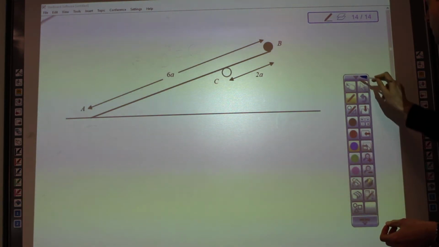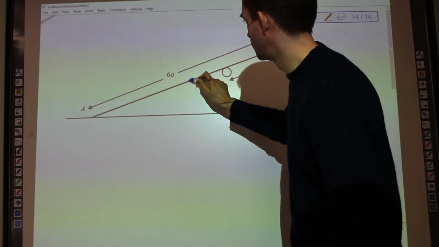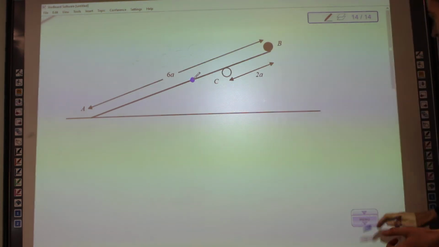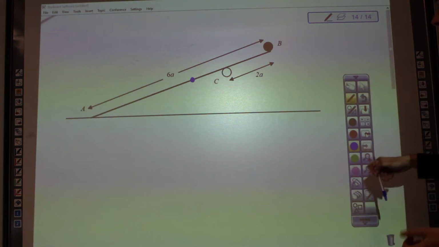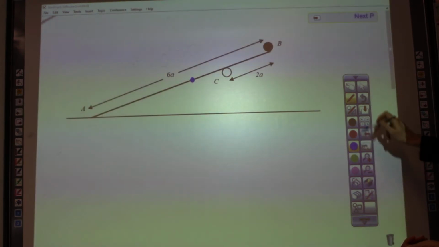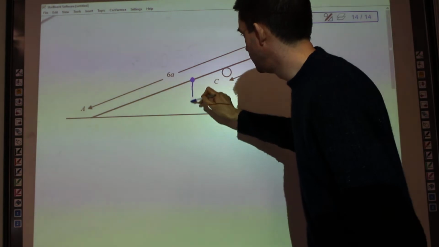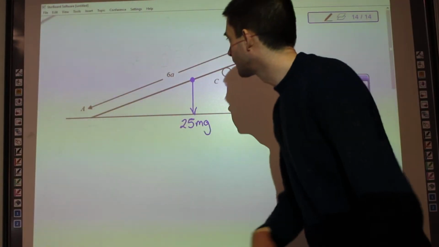So we were told first of all that this was a uniform rod, so I can draw a point at the centre, because if a rod is uniform, the weight will act at the centre, and we have a force of 25mg acting down, which is the weight of the rod.